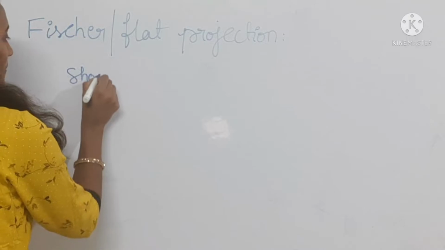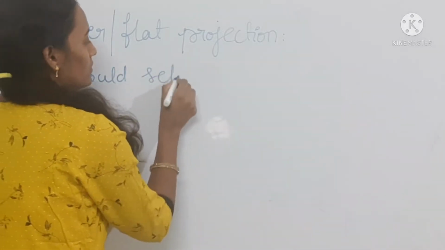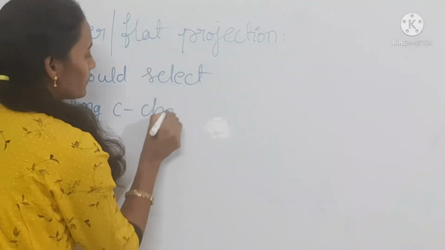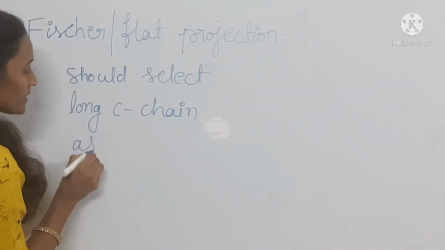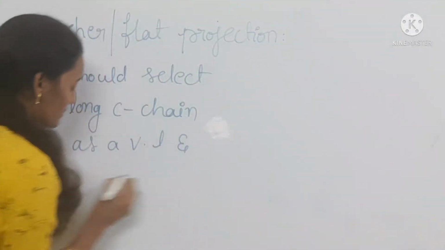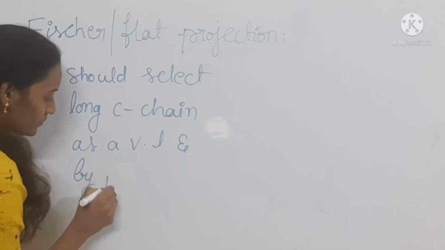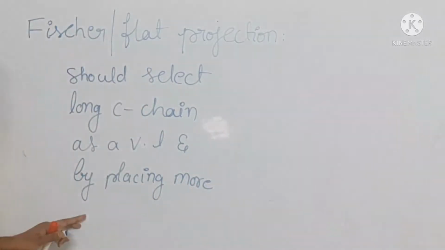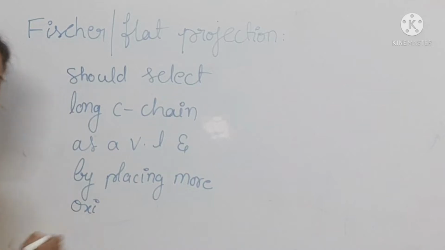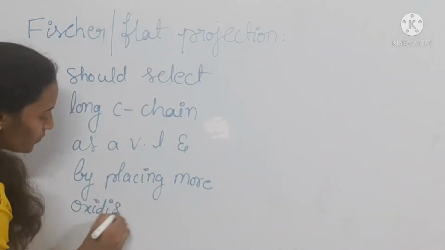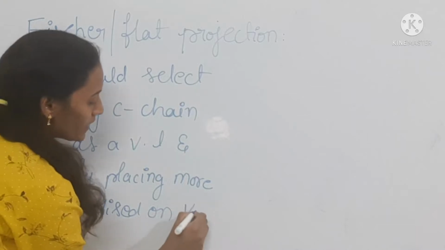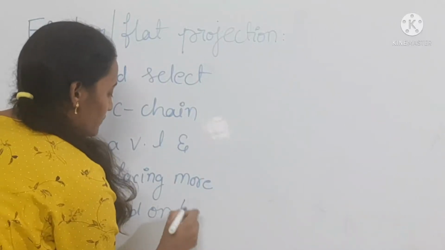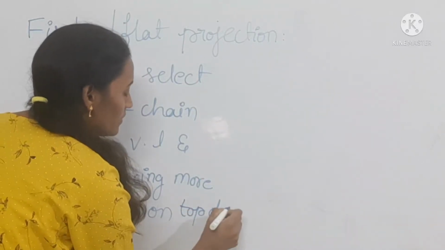You should select the long carbon chain as the vertical line, and place the more oxidized group on top of the vertical line.